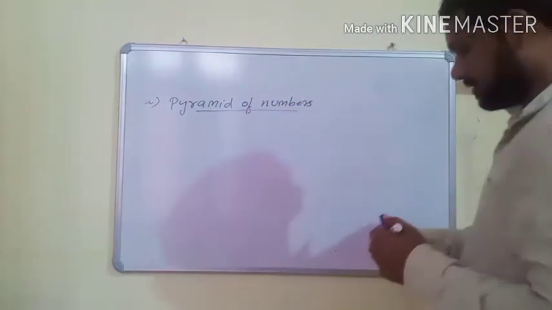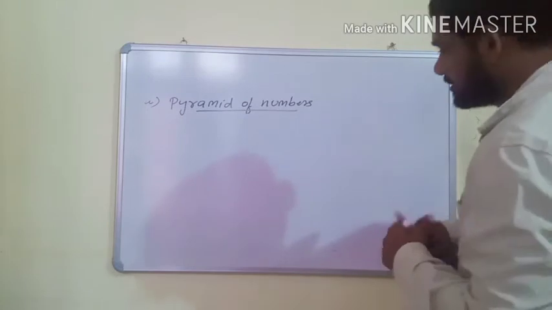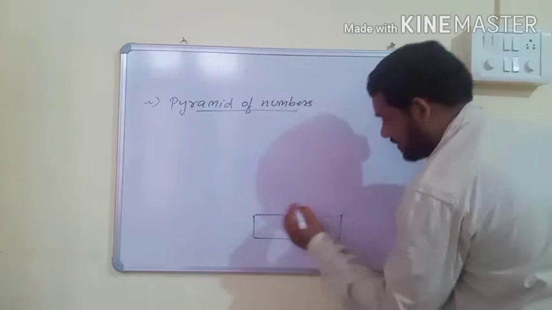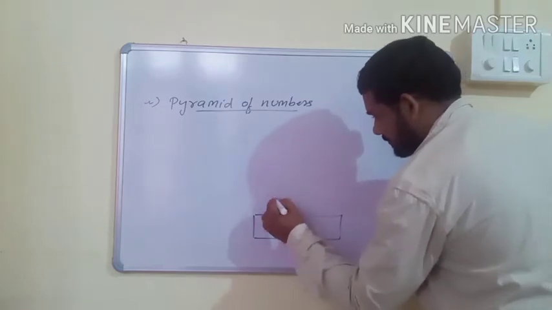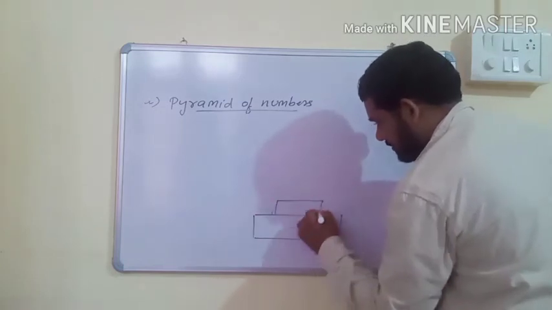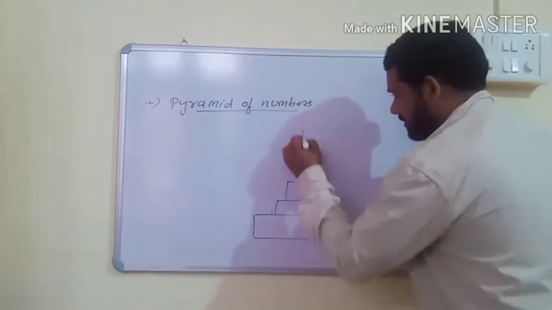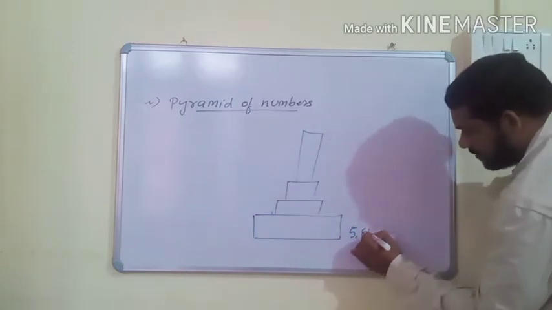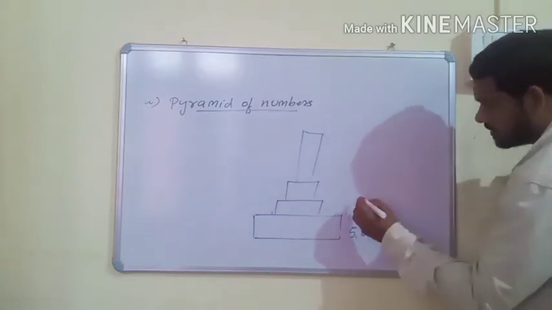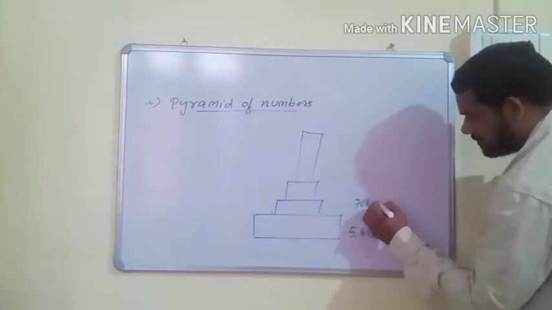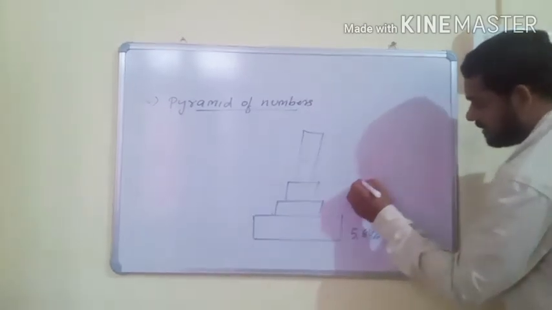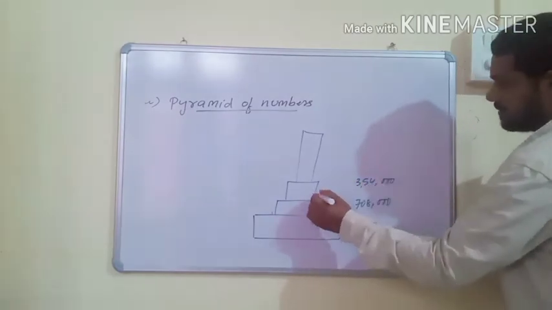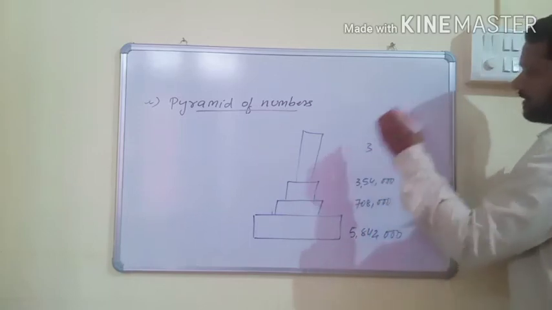Now we look into the graphical representation of pyramid of numbers. This is the graphical representation of pyramid of number, and there is a number of individuals present at producer level, a number of individuals present at herbivore level, and a number of individuals also present at carnivore level, and it is the top.